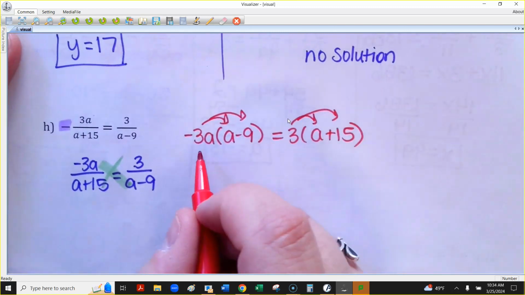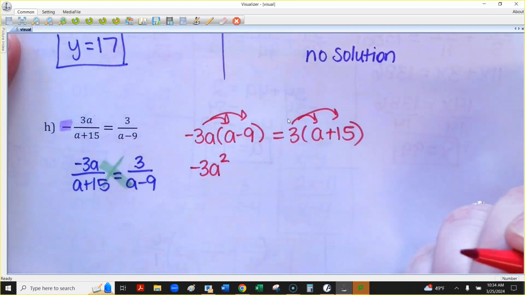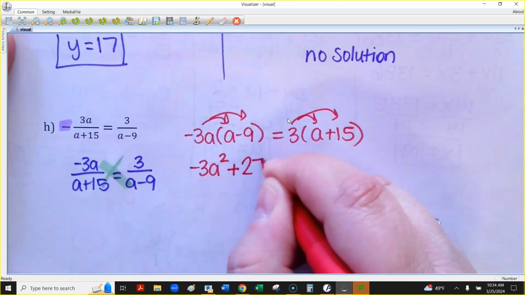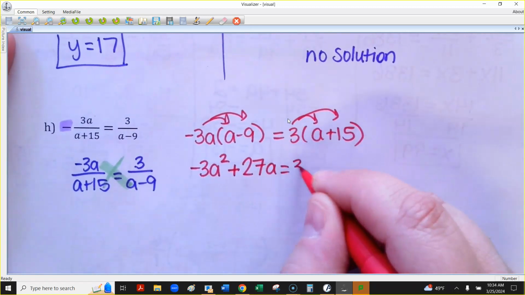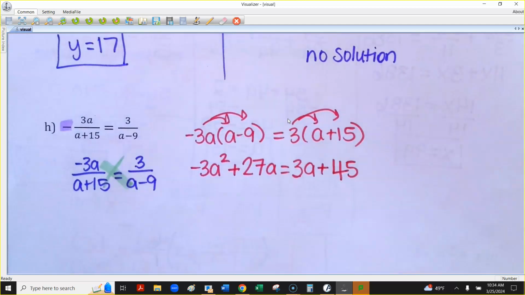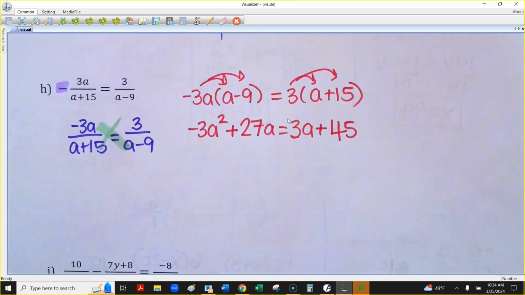Now, negative 3a times a is negative 3a, but then it would be squared. Negative 3 times negative 9 is going to make this plus 27a. And then on the other side, I've got 3a, and 3 times 15 is 45. Okay, now set this equal to 0 because you're going to have a quadratic.